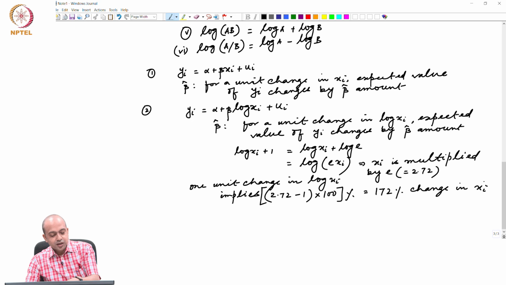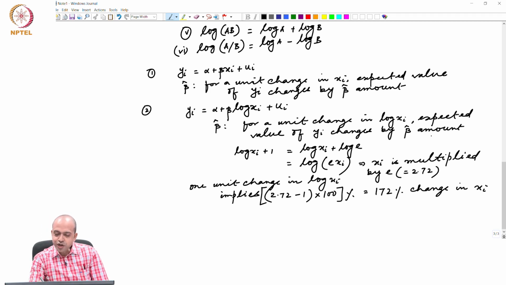First, the interpretation of beta hat: for a unit change in log xi, the expected value of yi changes by beta hat amount.